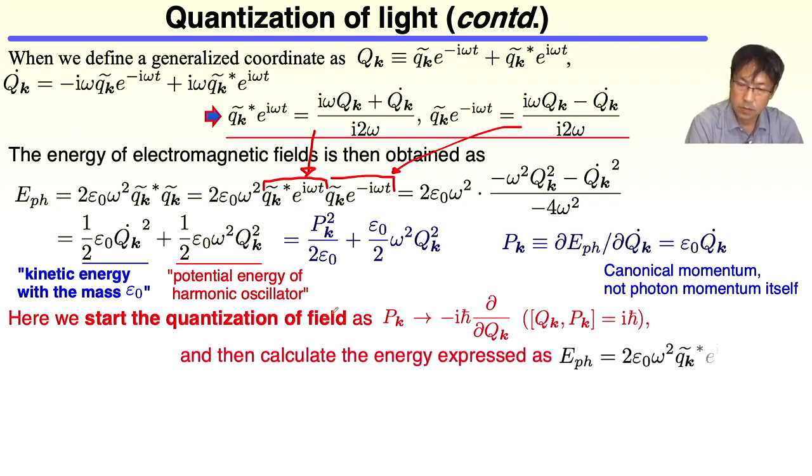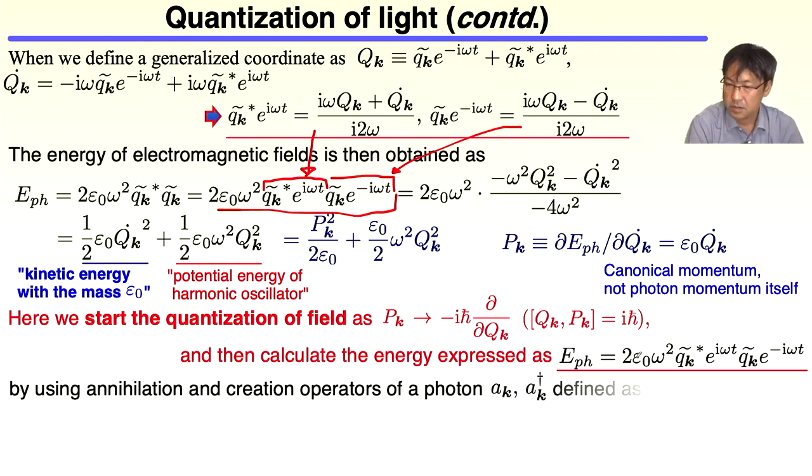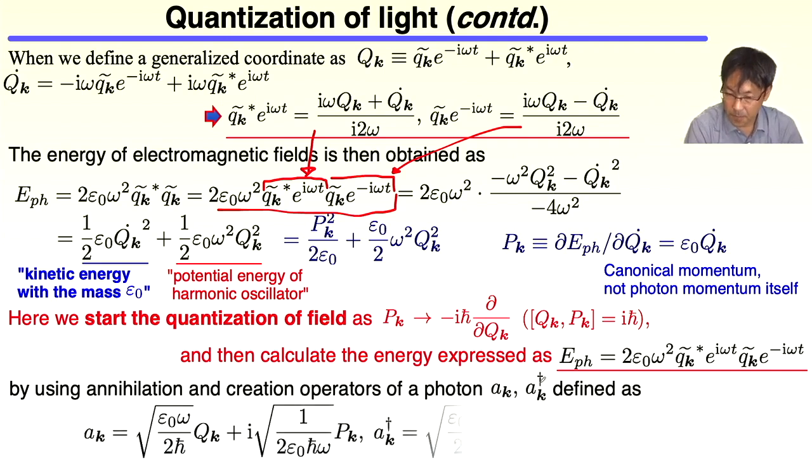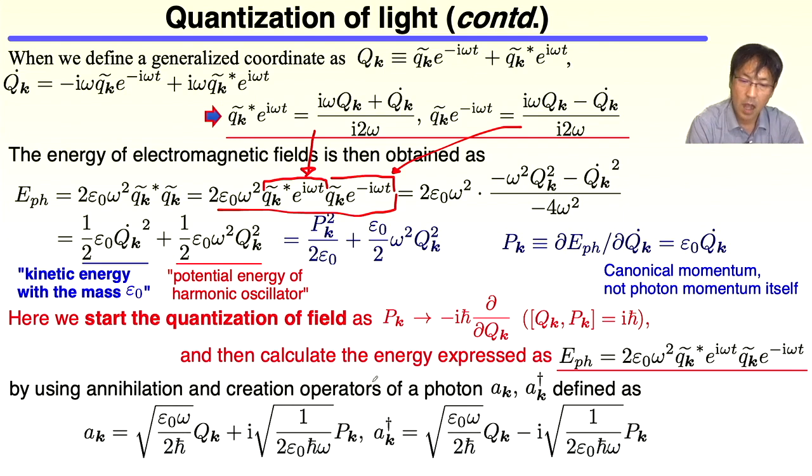Then we calculate this energy. Then we introduce the annihilation and creation operators of photon ak and ak dagger, defined by using the canonical coordinate large qk and canonical momentum large pk, this one.